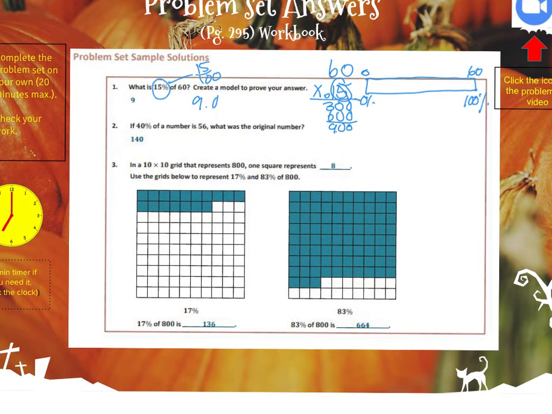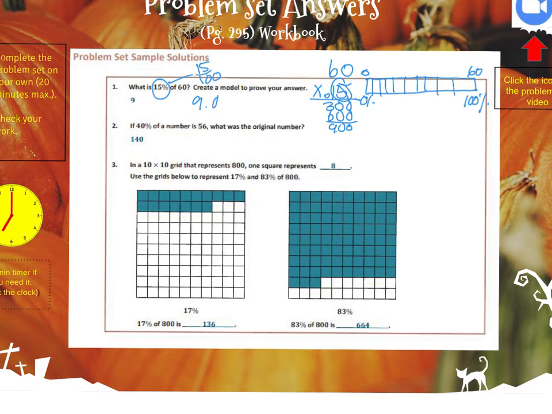Okay, so I've got my 0 to 60 and my 0% to 100%, and I'm wanting to show 15% of the 60. So if I had my 0, 10, 20, 30, 40, 50, 60, 70, 80, 90, 100, that's not quite even. But anyway, I cut it up into tens.